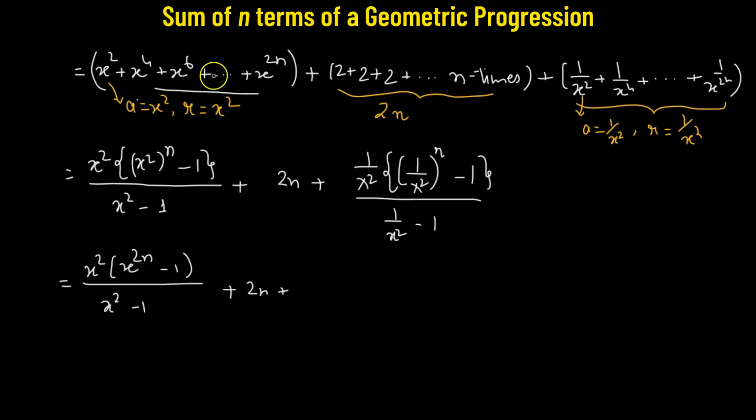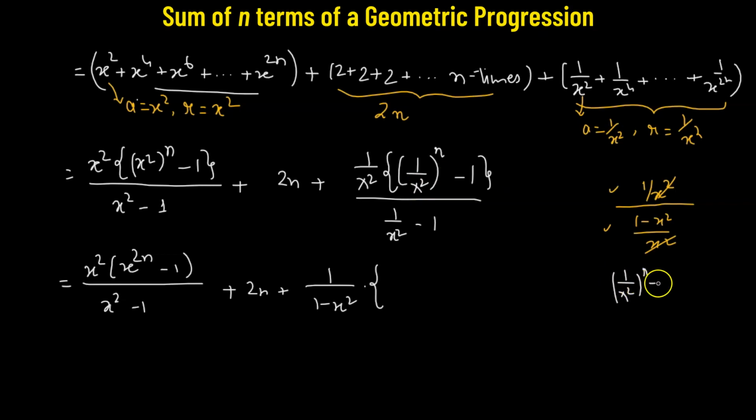Here we have 1 over x squared. So let's try to do it separately here. In the numerator we have 1 over x squared, divided by 1 over x squared minus 1. So that's 1 minus x squared divided by x squared. This gives us 1 over 1 minus x squared. Now this will get multiplied by the expression 1 over x squared whole raised to the power of n minus 1.